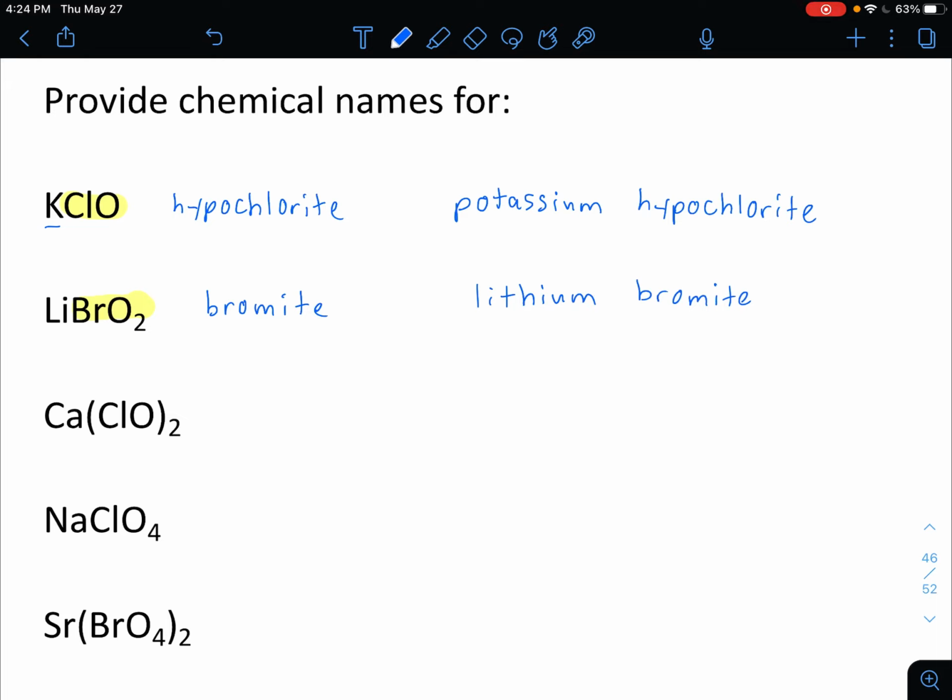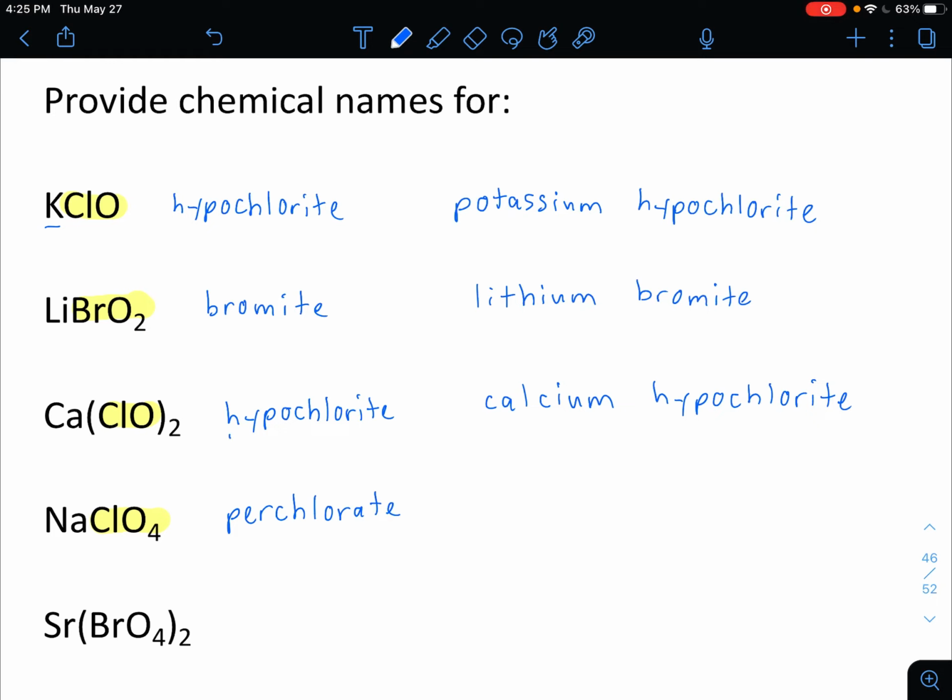Let's see, this next one, we're back to hypochlorite again, right? So that's going to be calcium hypochlorite. Next one, ClO4, so 4 is 1 higher than the parent, so that's perchlorate.